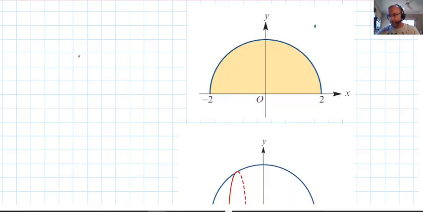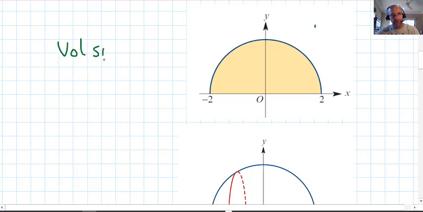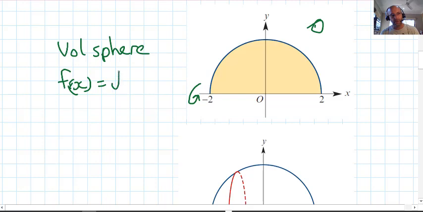A key example of this would be the volume of a sphere by rotating a semicircular area around an axis. For example, like this, if we were to do this with the x-axis for this semicircle here. So we could get that if we have, as an example, the function for the semicircle's line.